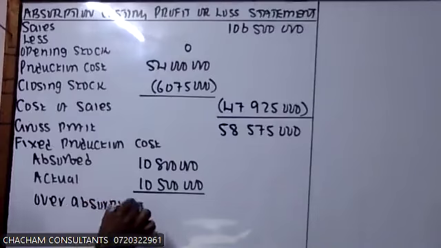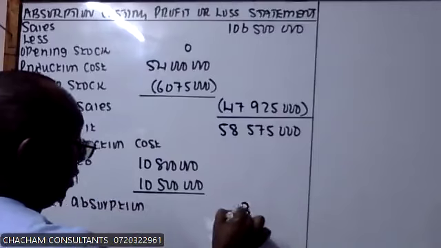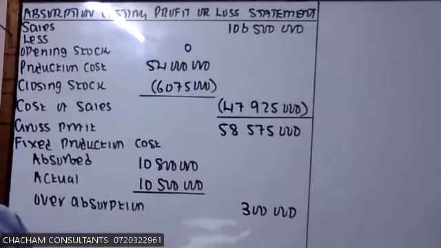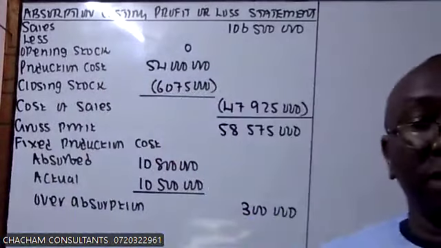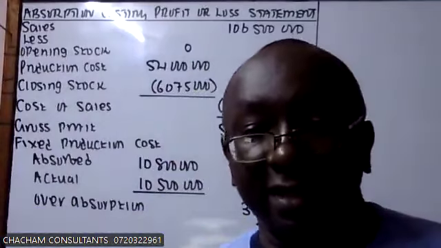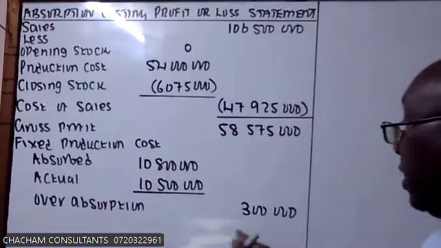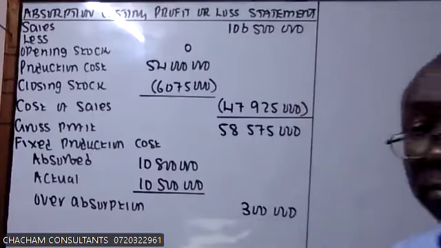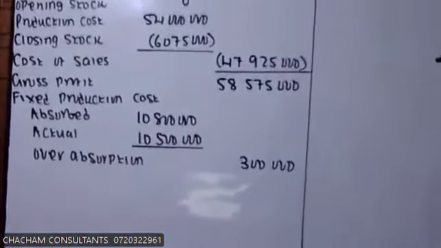That over absorption of 300 is written here. Over absorption is treated as a gain, so it comes in as a positive value.